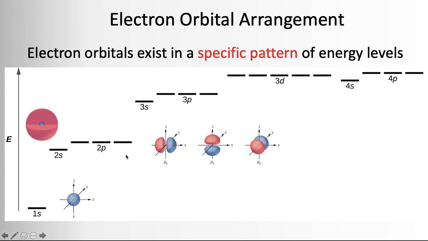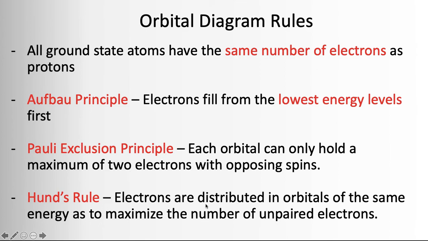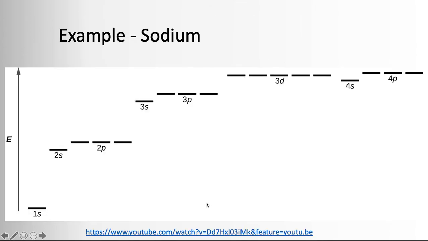So these are the rules that we're going to follow, and I have made several videos on how to fill out these electron configurations. You will have 3 different ways of doing it. This is called an electronic diagram, and I've shown you how to fill this out.